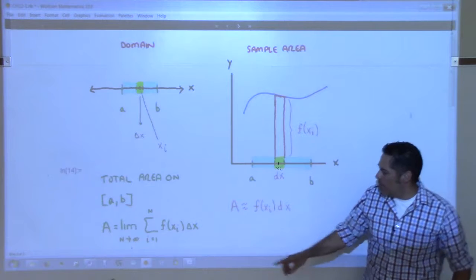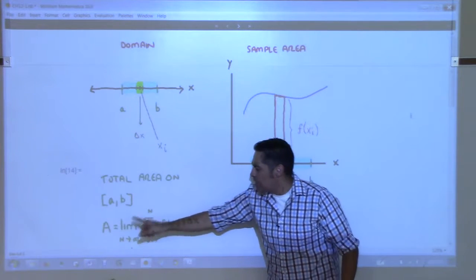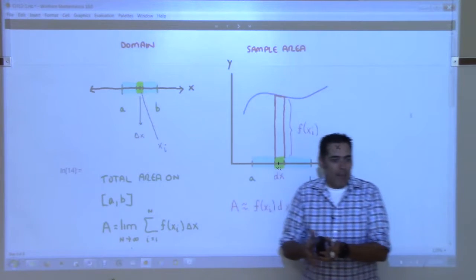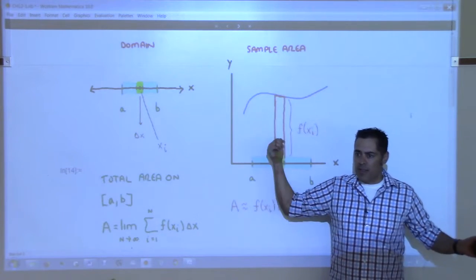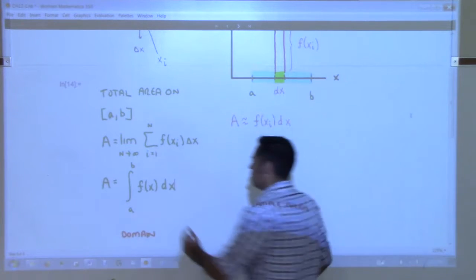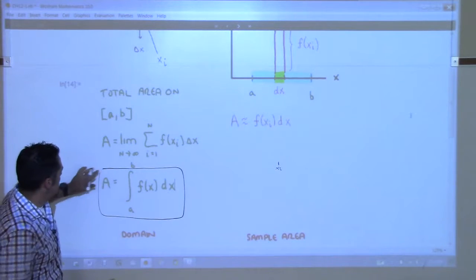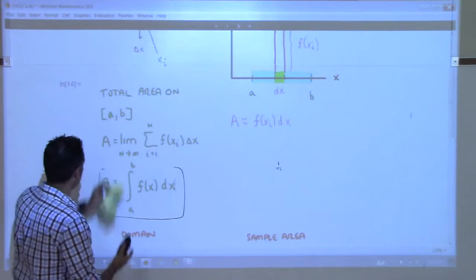Adding them up means doing a summation, and then we take a limit as n goes to infinity. So we get an infinite number of those in there. And that's the next line. This is the most important part right here. Oops, the b should be up in there.